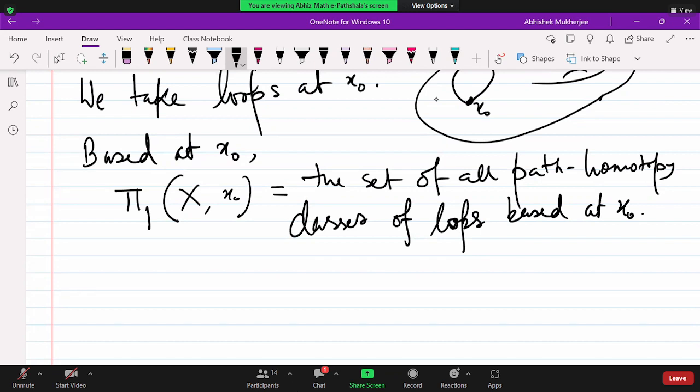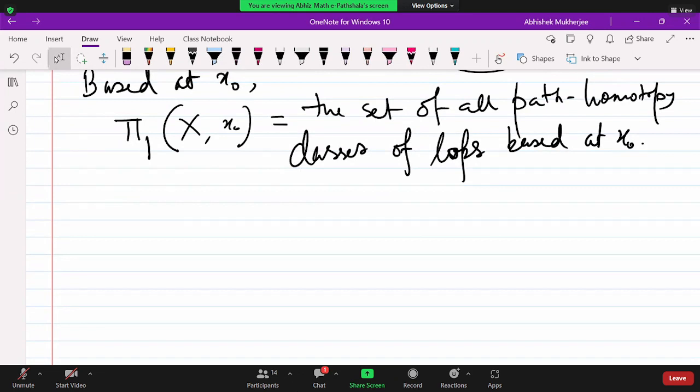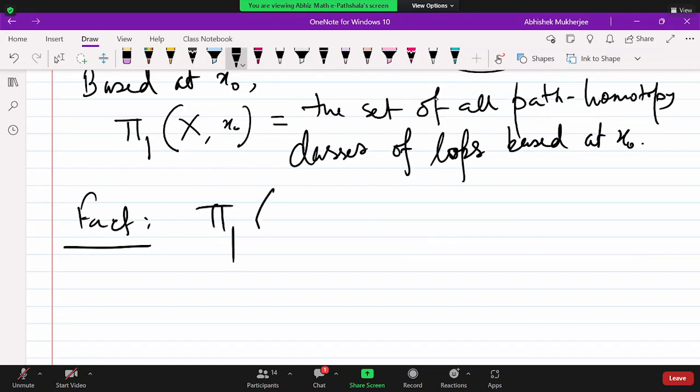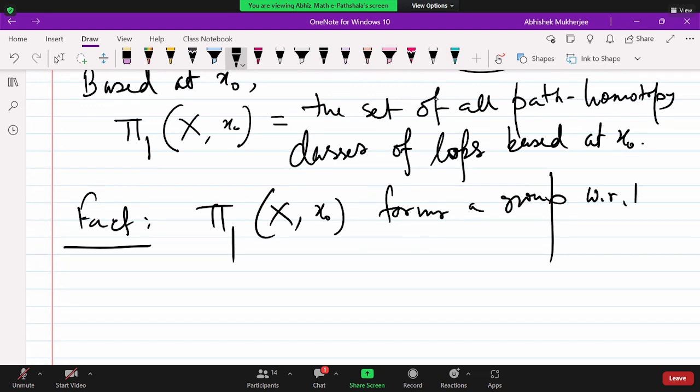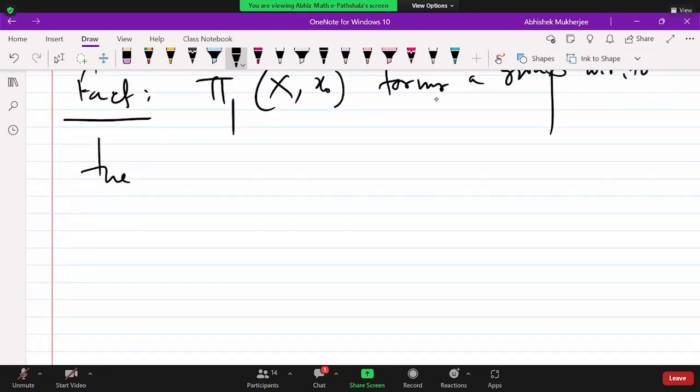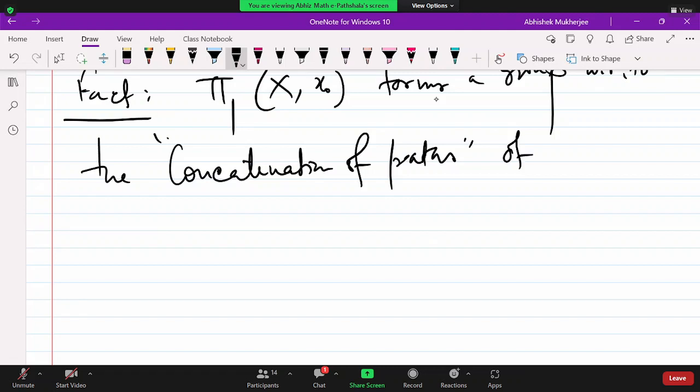And this is a non-empty set. So this set forms a group with respect to the concatenation of paths, of path homotopy classes.